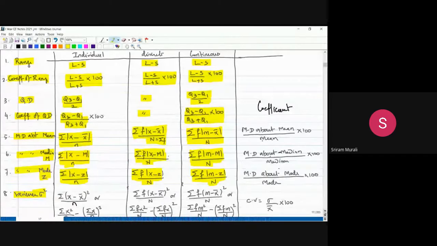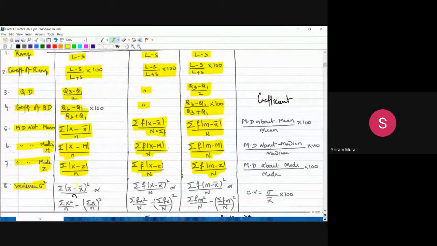And the same formula, x minus x bar, if I square and add and divide by n, this is my usual variance. This is my variance, either sigma x square by n minus sigma x by n the whole square. You bring f in the product of x minus x bar the whole square, that exhibits a discrete series.